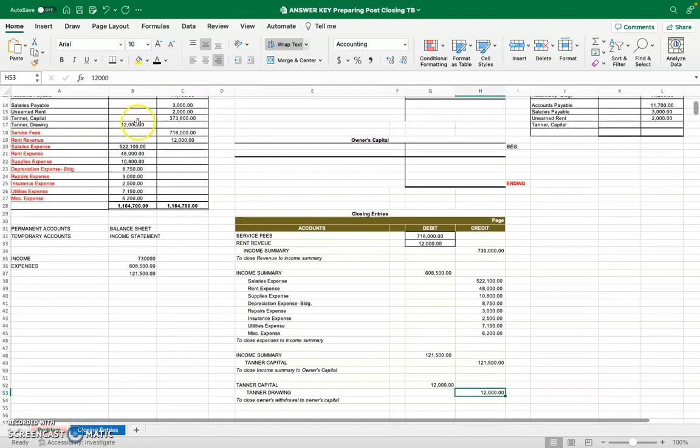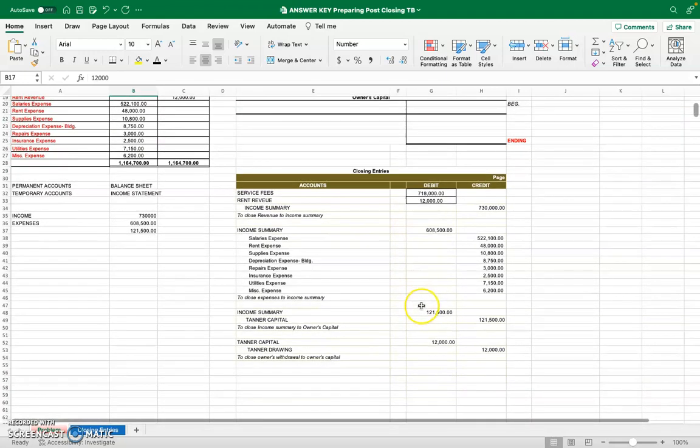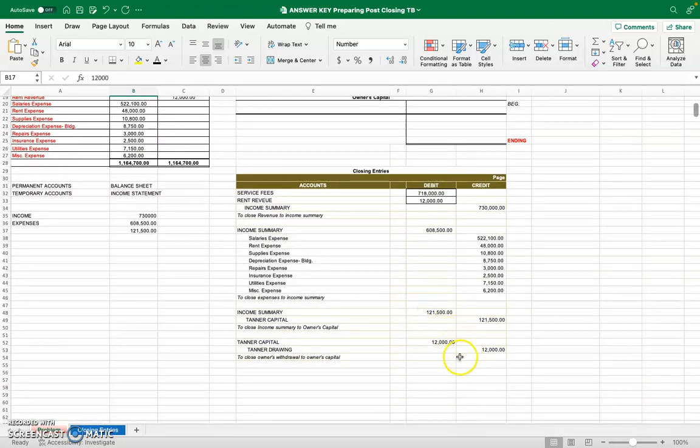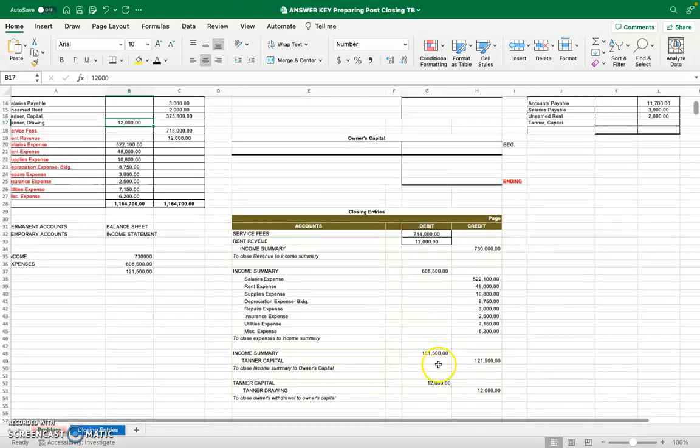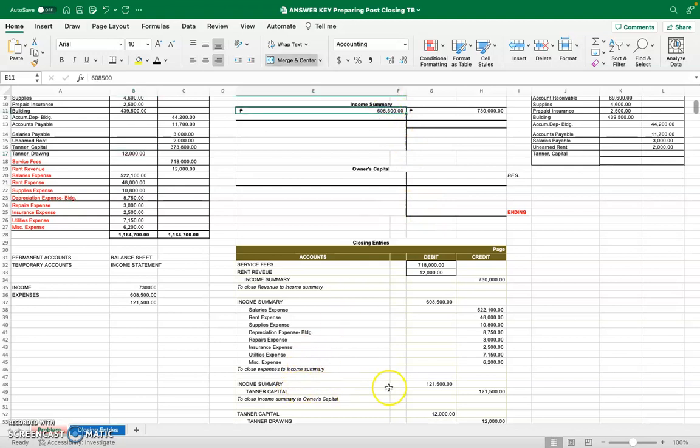If you will notice, the drawing here or the withdrawal of the owner is 12,000 pesos. Now, what we're going to do next is that under the income summary, we will put the 121,500 here on the debit side of the T account.